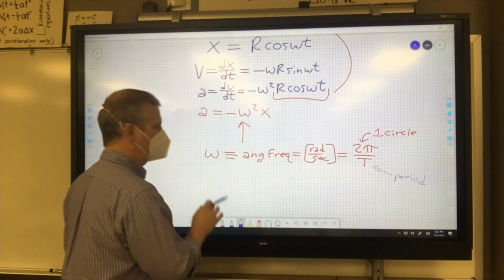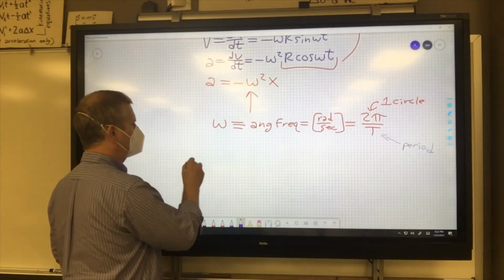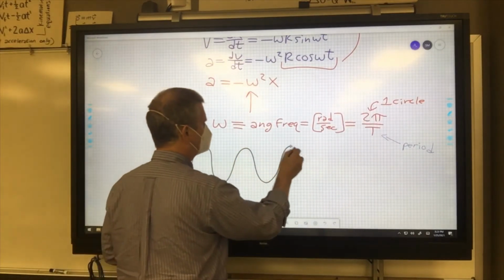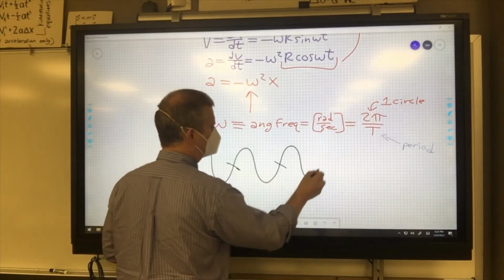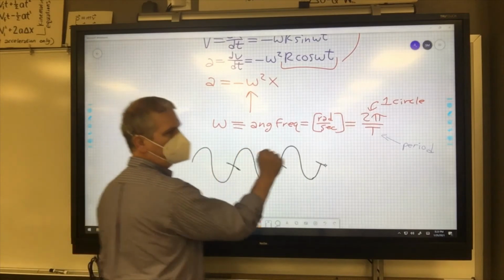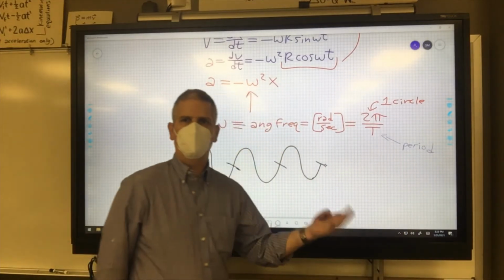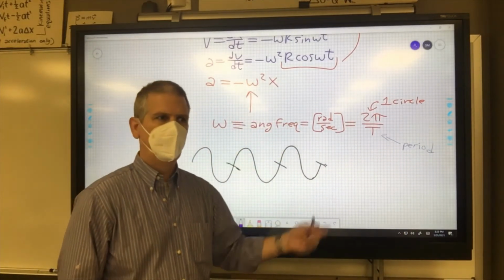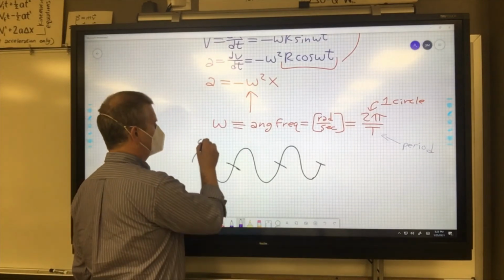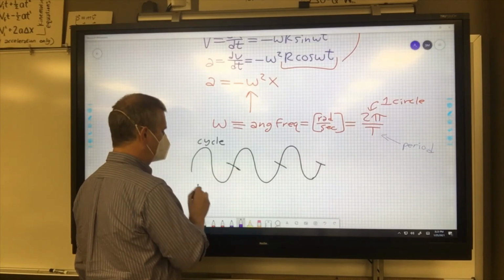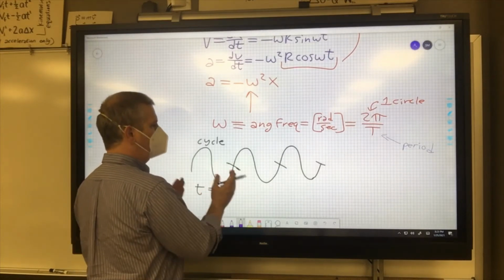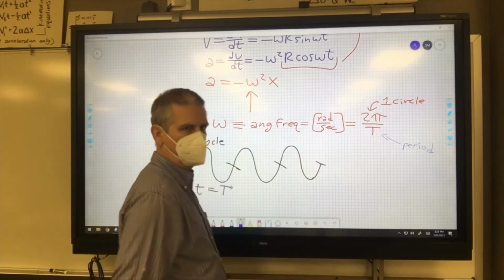I have a book by Isaac Asimov that talks about this, and he says, imagine you could just take a stamp and go stamp, stamp, stamp. The repeated part of the motion we call the cycle. The time between here is the period: 1 period, 2 period, 3 period, etc.